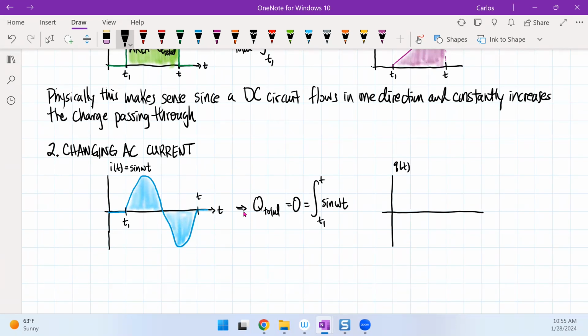All we know is that eventually, on average, this current should be 0, right? Q total on average should be 0 for our time. So, and again, physically that makes sense.